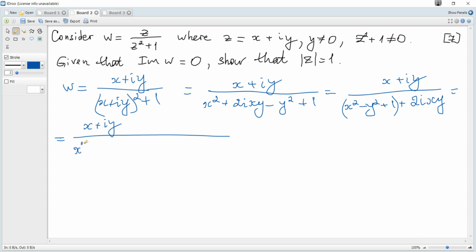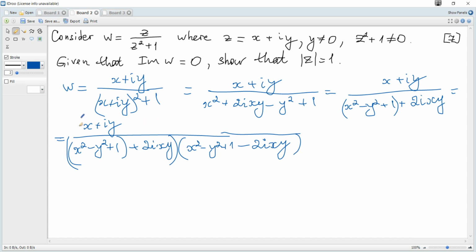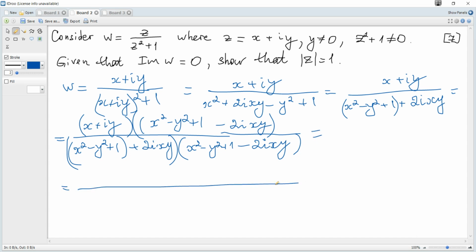So it becomes x squared minus y squared plus 1 plus 2ixy multiplied by x squared minus y squared plus 1 minus 2ixy. And the denominator becomes (x squared minus y squared plus 1) squared.